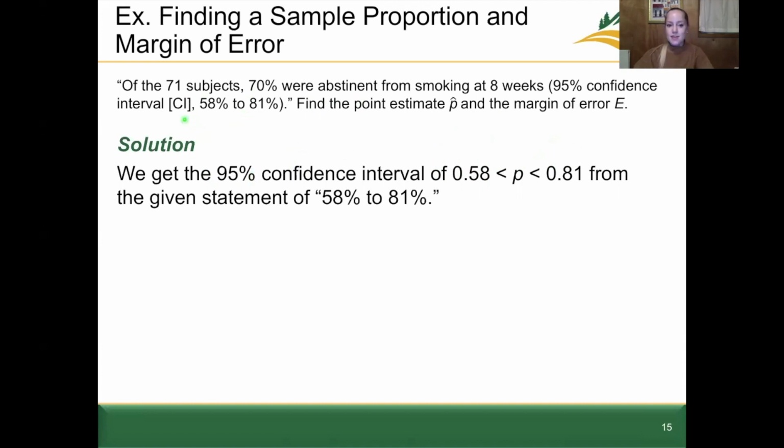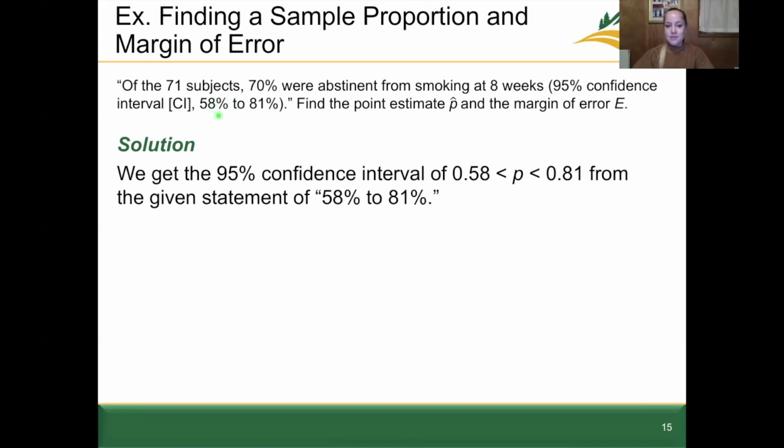We're taking this percentage divided by 100 to get 0.58, and this percentage divided by 100 to get 0.81. We're taking these percentages because this is the lower end of our confidence interval limit, and this is the upper end of our confidence interval limit. So how we represent that is saying 0.58 is less than P, our population proportion, which is then less than 0.81. This setup is one of the most important parts of answering questions like this. So recognizing, what do we do with these percentages?